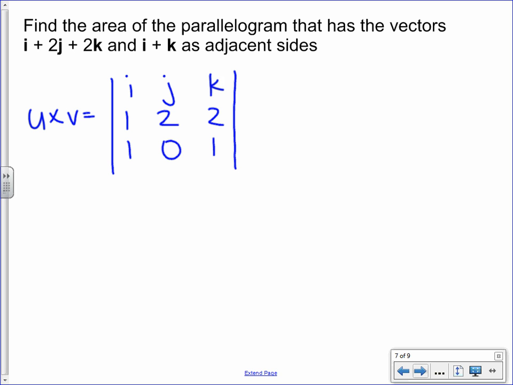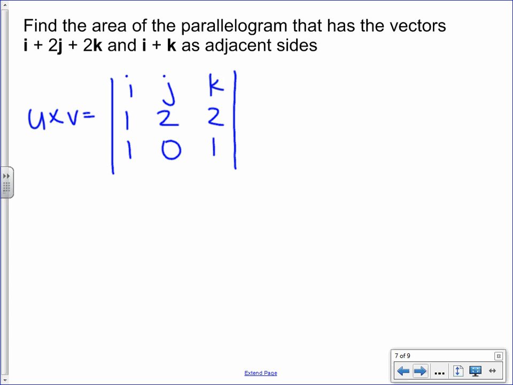Jenna, what did you get? 2I plus J minus 2. Agree, disagree? Agreed. Minus K. You got minus K? I got minus 2K. Oh, no, minus 0.